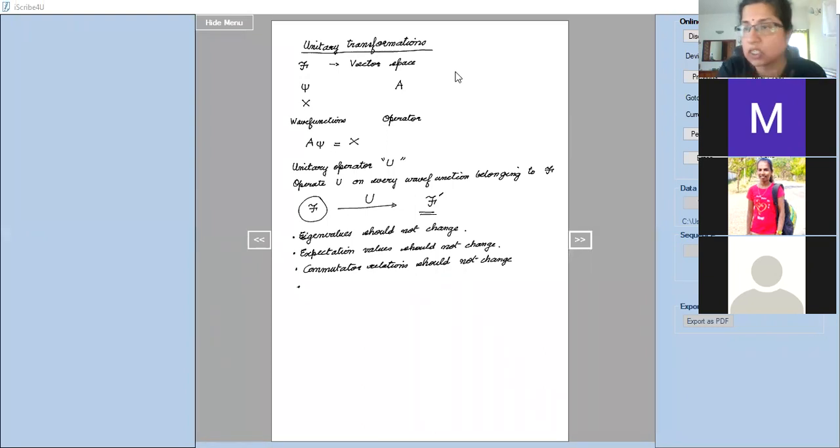So how do I say it in quantum mechanics? I will say operator relations should not change. Right now I cannot think of anything else. If you can think of something else, please tell me. But if all this is not changing, then I'll say the physics has not changed.